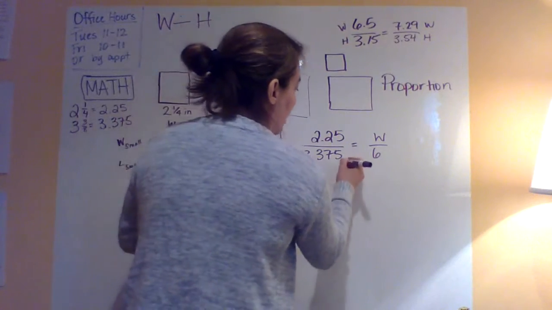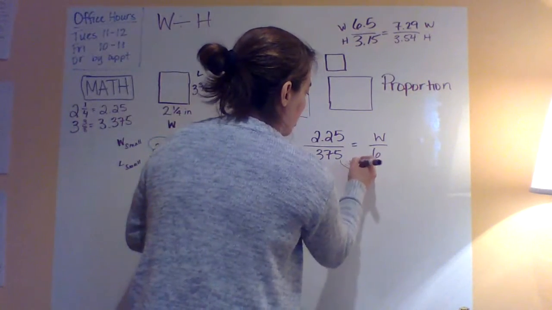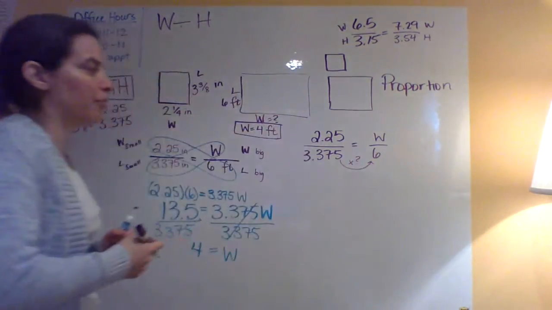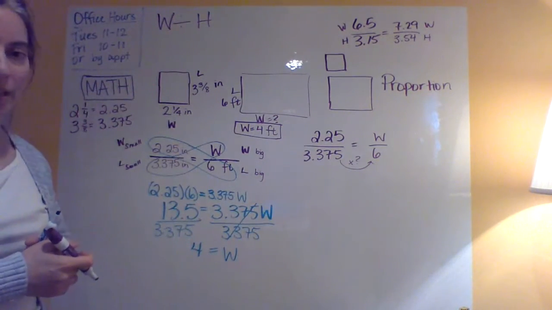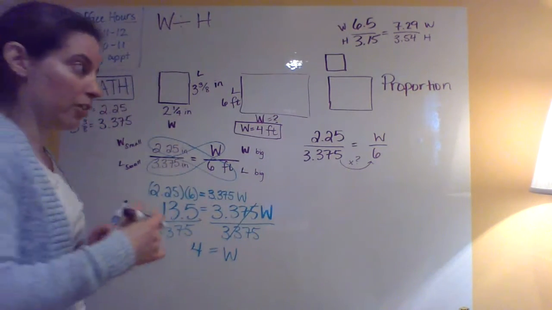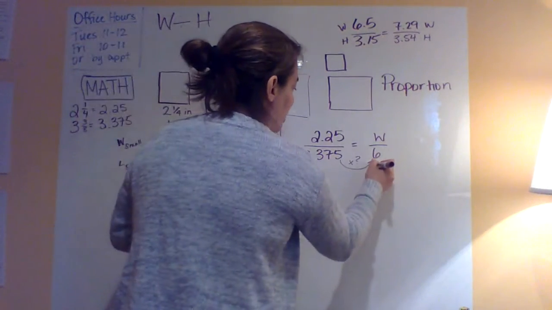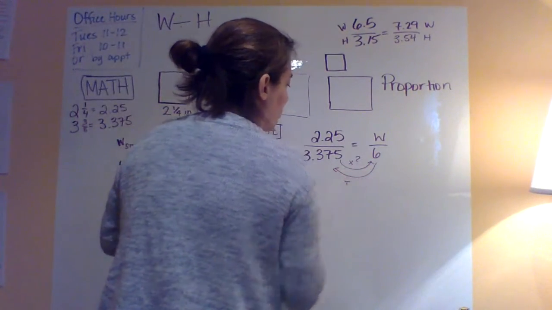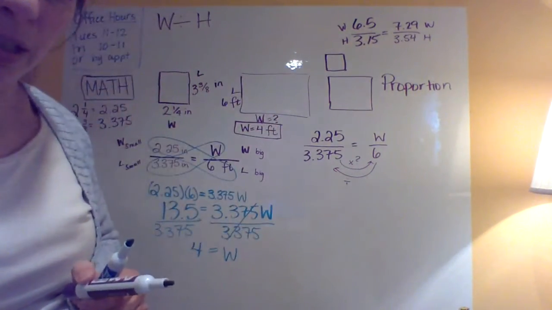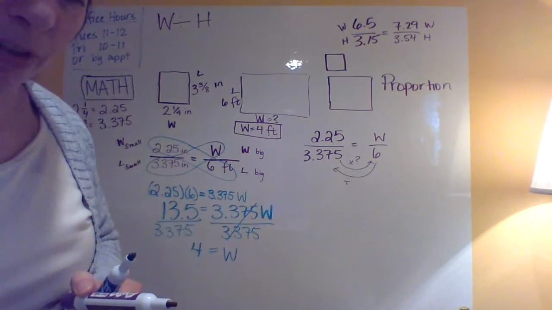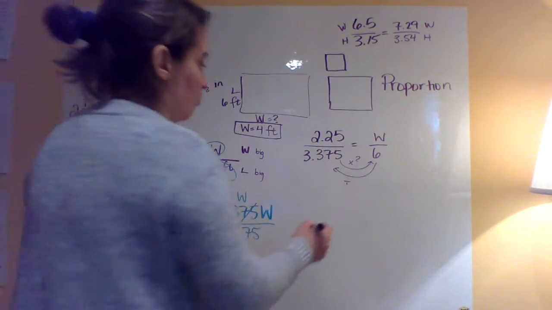So I could think of this two ways. I could say 3.375 times what gives me 6? Or I could figure it out the other way. I could say if I divide this, what do I get? So 6 divided by 3.375 is going to be 1.7 repeating.